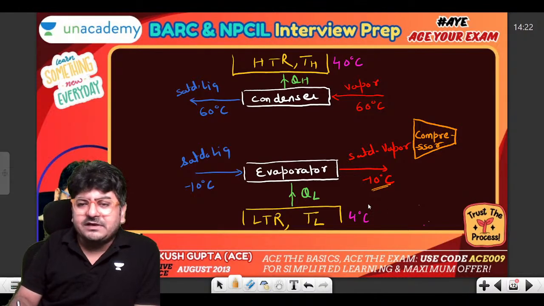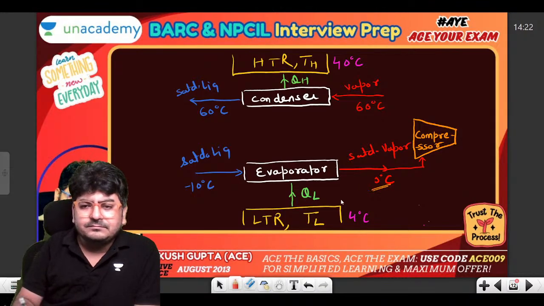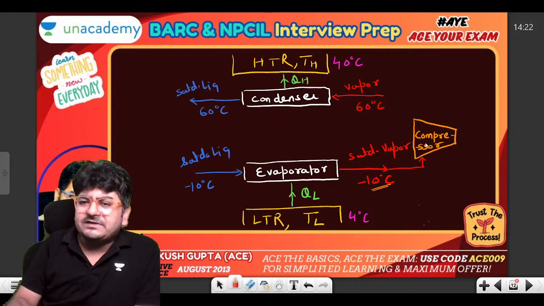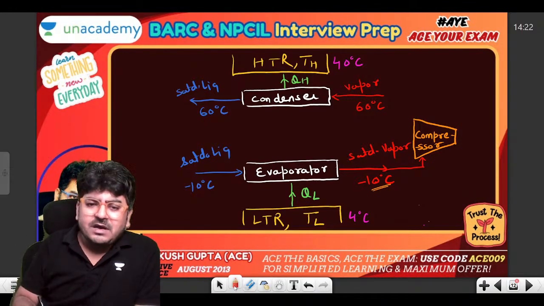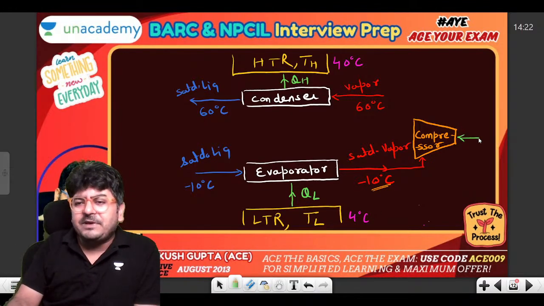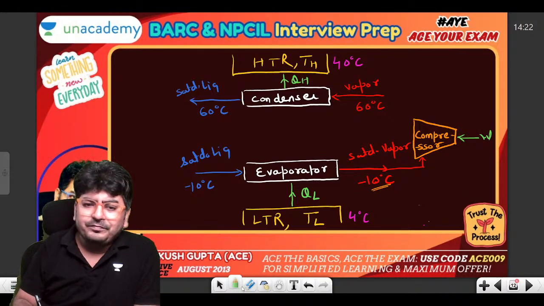In this compressor, I will send this saturated vapor at minus 10 degrees Celsius. These vapors will enter the compressor and get compressed. And for compression, I need to supply some work, let's say W.